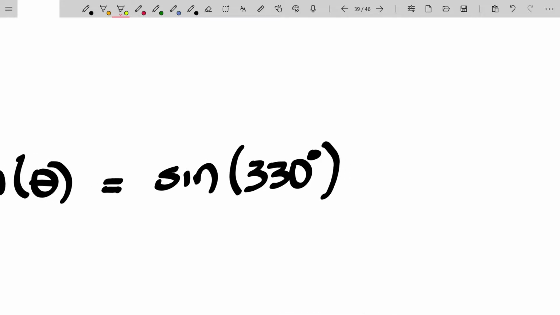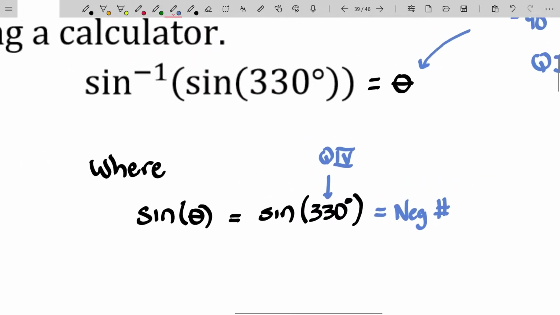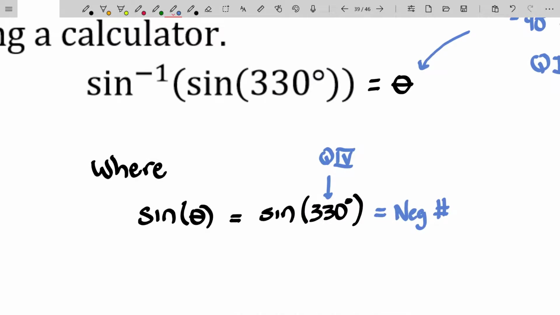Well, if we really take a look at this angle right here, that's a quadrant 4 angle. No, this does not mean our answer is going to be in quadrant 4. It just means that the sign will be negative because, again, 330 degrees is in quadrant 4. So this is equal to some negative number.